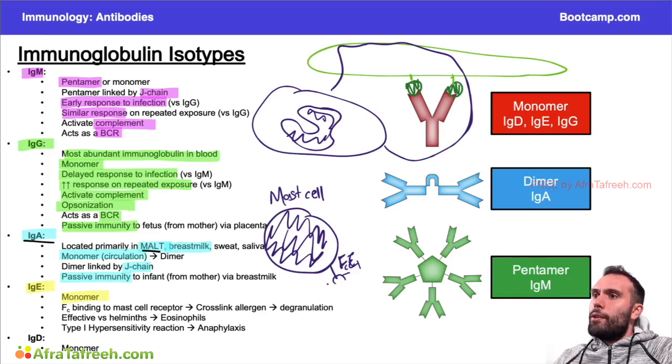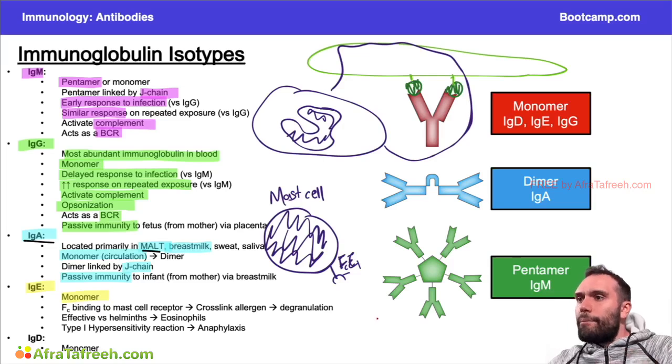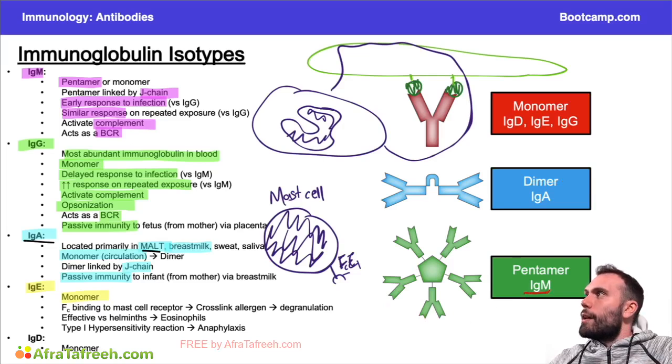Let's say we have some patient that had been exposed to ragweed pollen or a bee sting or something like that. Initially, they probably responded with IgM. So we might have had some B cells with IgM receptors, and let's say this antigen bound to the IgM portion of this immunoglobulin.